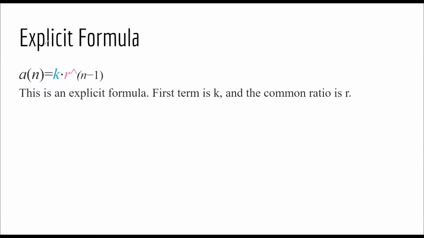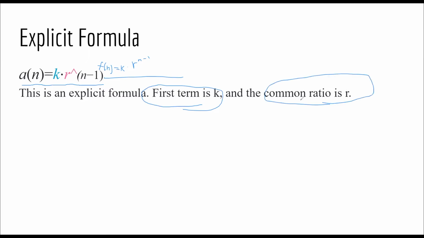The explicit formula for a geometric sequence is fn equals k times r to the n minus 1 power. So the first term is k and the common ratio is r. Pretty simple, right? Similar to the arithmetic explicit formula.